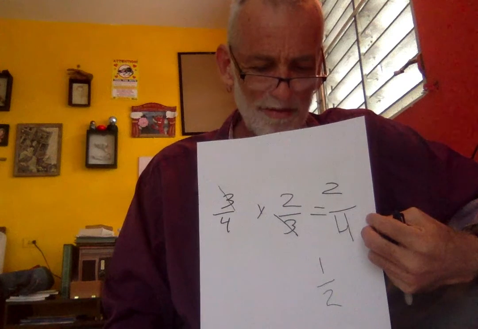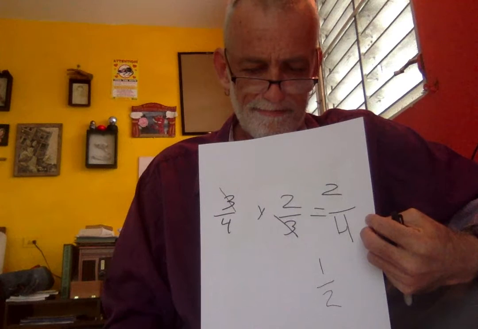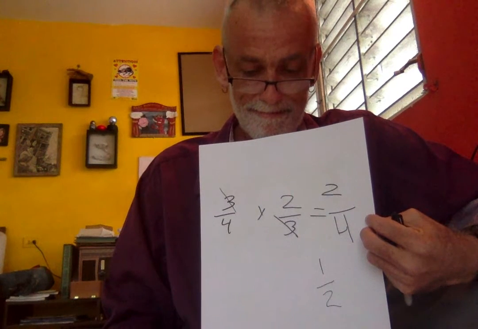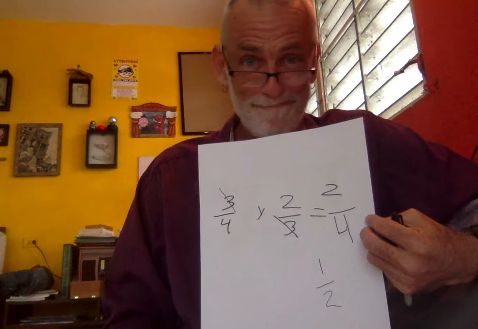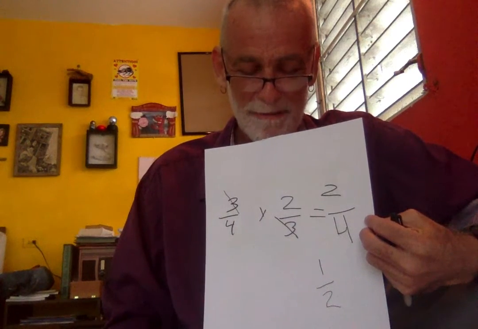Number 16, write a real-world problem that describes the model. Boy, I look at that and I have no idea what to do, to tell you the truth. How many spaces are there?